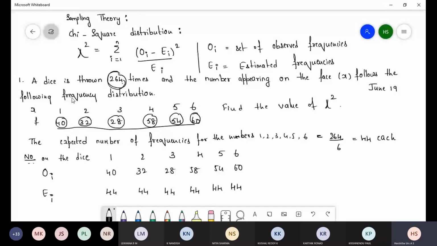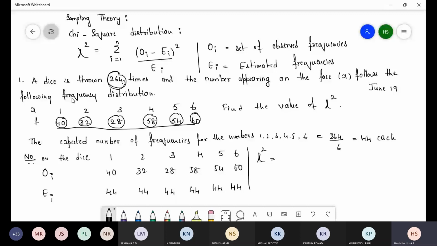Now, next, we have to apply the formula of the chi-square. Chi-square is equal to 1 by Ei, which I write outside, open the bracket.